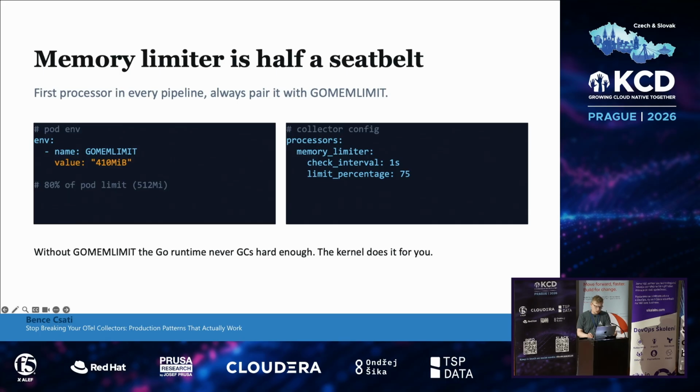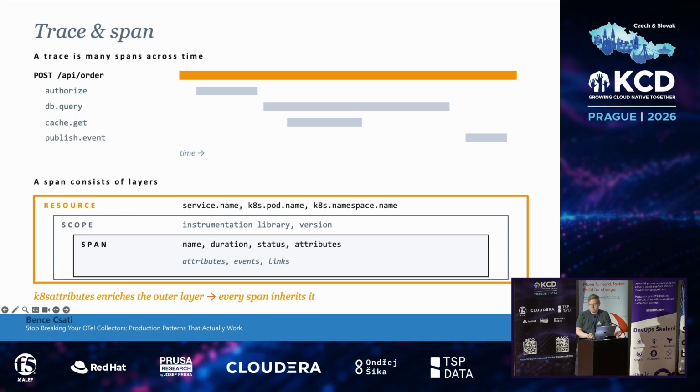But on its own it won't help you, because Go garbage collector defaults are not bound to the workload being handled by the collector. So you need to set that GOMEMLIMIT so the garbage collection will run at 80% of your pod limit rather than your kernel deciding. It's a really simple fix.